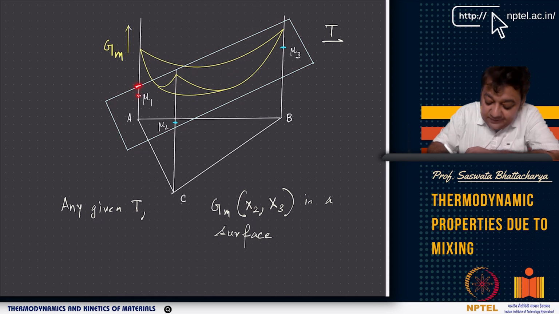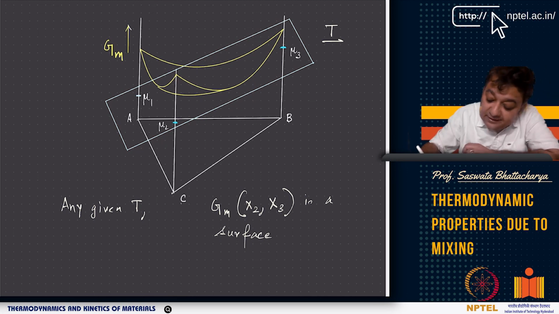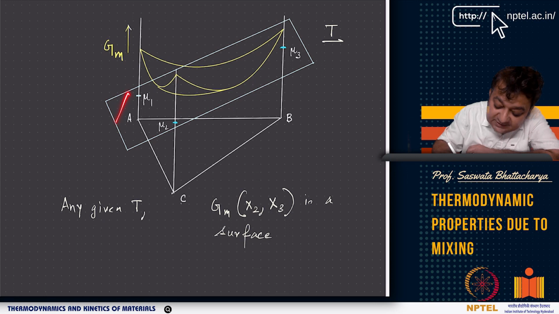Say for example, if you see that this is the intercept, it's a slightly perspective drawing. If you look at this, the plane has cut the A axis at mu1, the C axis at mu2, and the B axis at mu3.